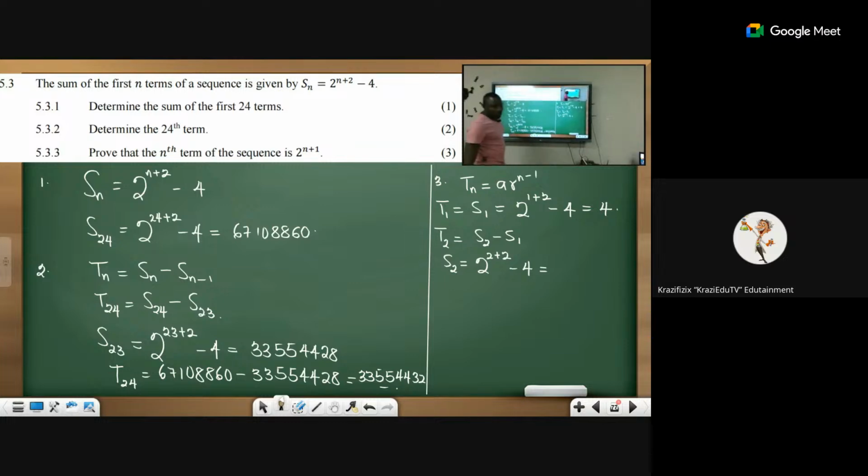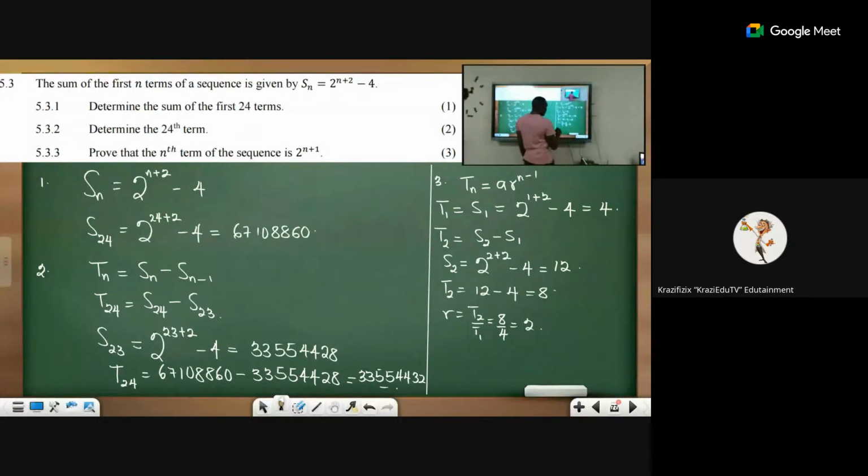So we have 2 to the power 4 minus 8. That's 16. 2 to the power 4 is 16 minus 4, 12, right? So what is T2? 12 minus 4, S2 minus S1. This gives me my R, T2 over T1, 8 over 4.